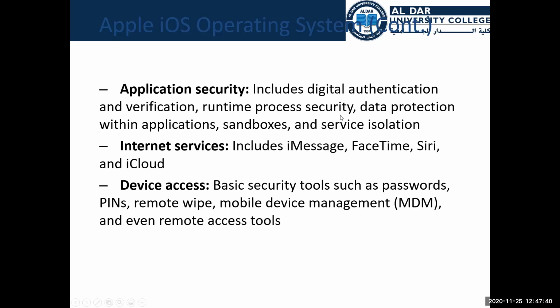Also, runtime process security, data protection within the applications. For example, nobody will protect your data inside the application. Nobody will protect it. For example, if you have your application running some data unencrypted, this means maybe your data is vulnerable to some kind of attack.